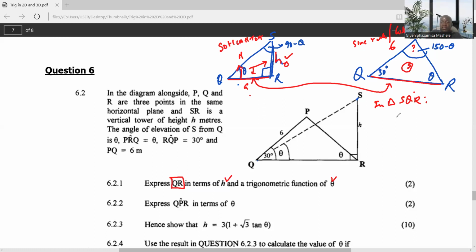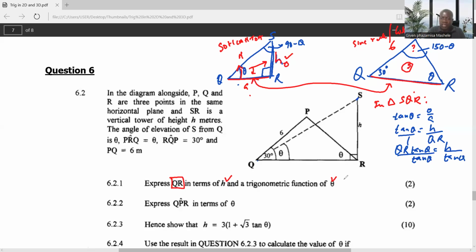So when I say tan theta, it's opposite over adjacent. What is the opposite there? The opposite is our SR, which is the H. What is the adjacent? It is the QR. We don't know. We want that, QR over 1. Let's cross multiply. This will give us QR tan theta is equal to H. So let's divide both sides by tan theta to get QR, tan theta over tan theta.